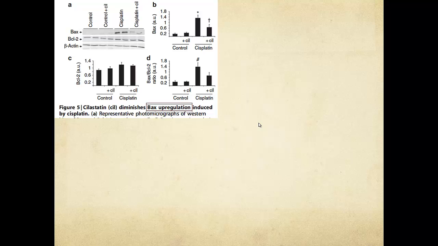This is showing the BAX upregulation, and you can see that the BAX, which are the apoptotic genes, were upregulated more in patients, in rats. I don't know why I'm saying patients. In rats that were treated with cisplatin versus the combined treatment group of cisplatin and cilastatin.